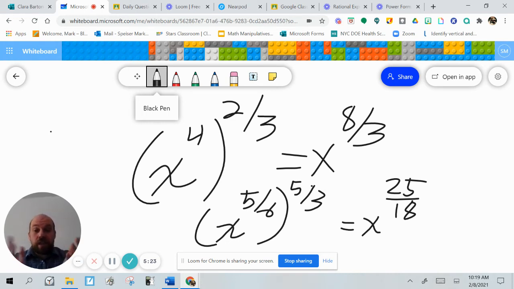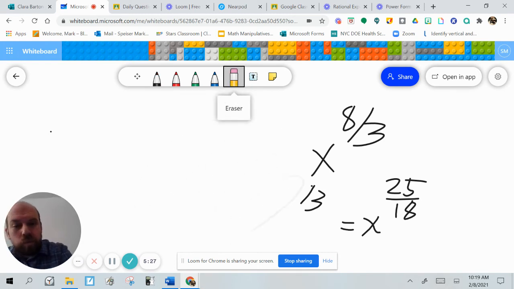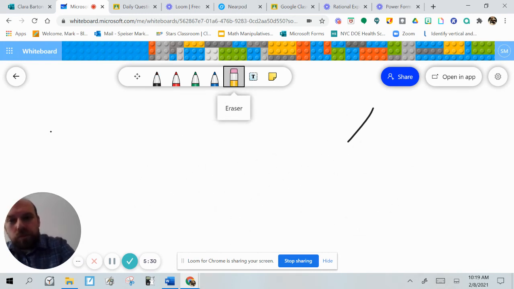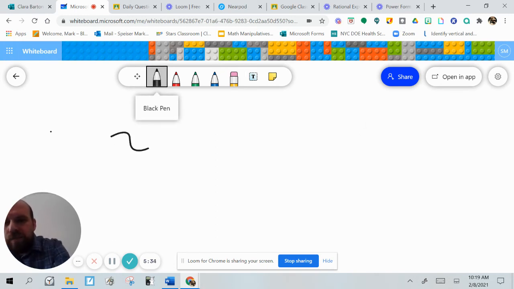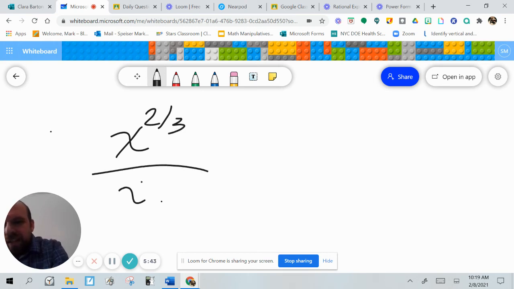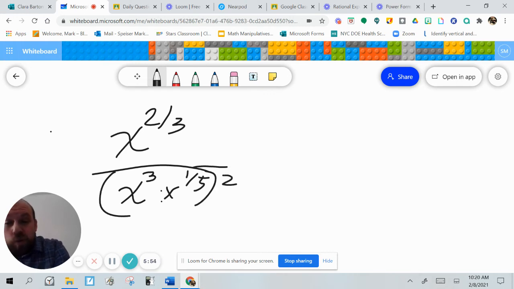And let's wrap everything into one beautiful problem. So if you had x to the 2/3 power over x to the 3rd power times x to the 1/5 power, and let's make this denominator squared.